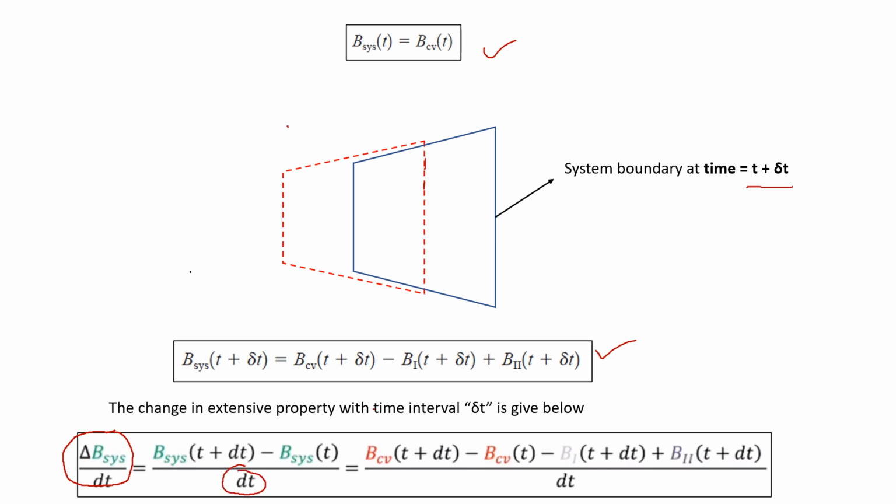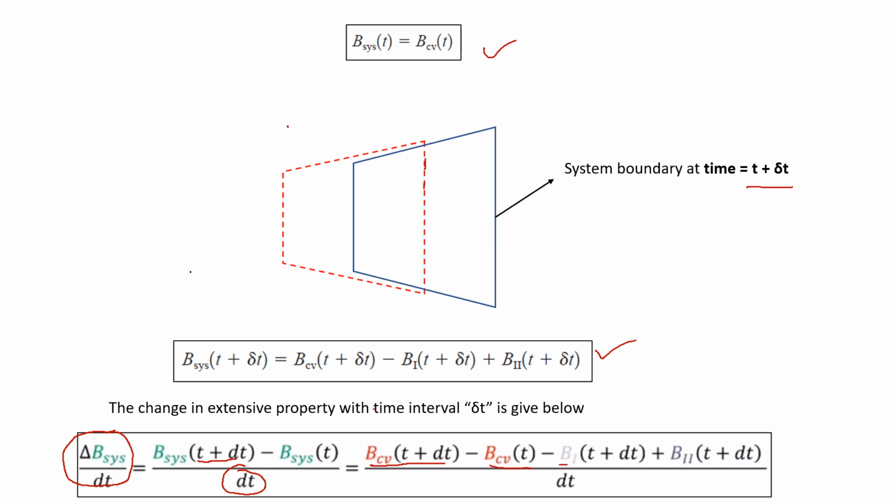So we are going to subtract the extensive properties of the system at time t from the extensive properties of the system at time t plus delta t to get the time rate of change of the extensive properties of the system. And again, by system I mean my fluid. I'm going to do the same for my control volume, that is my control volume at time t plus delta t minus my control volume at time t.